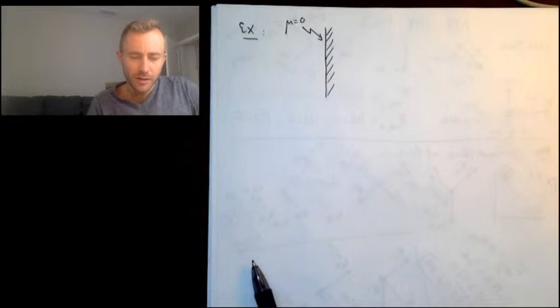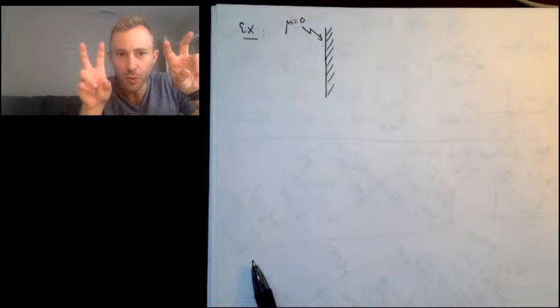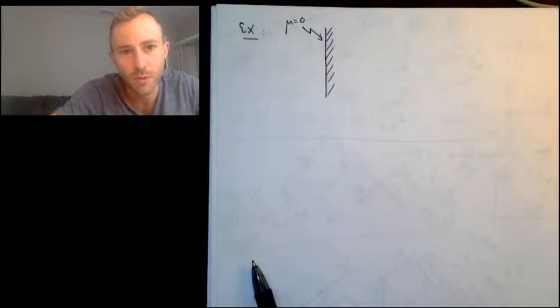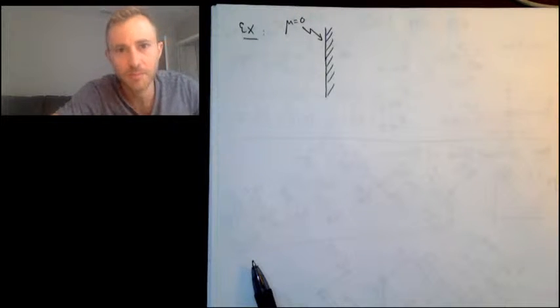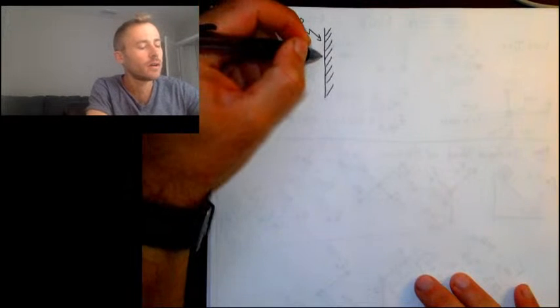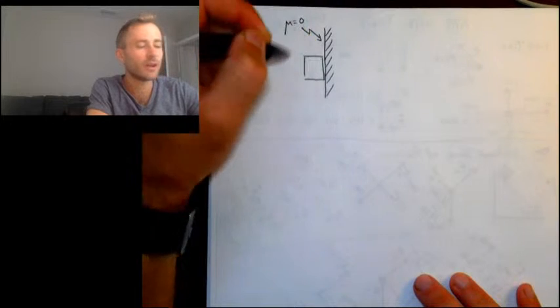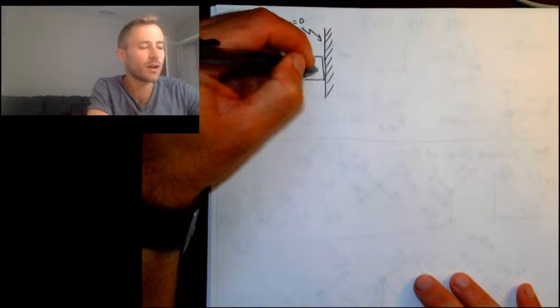Sometimes in a physics exam or something, you might hear the word smooth, which is code for frictionless. And there is a 3 kilogram block on the wall.